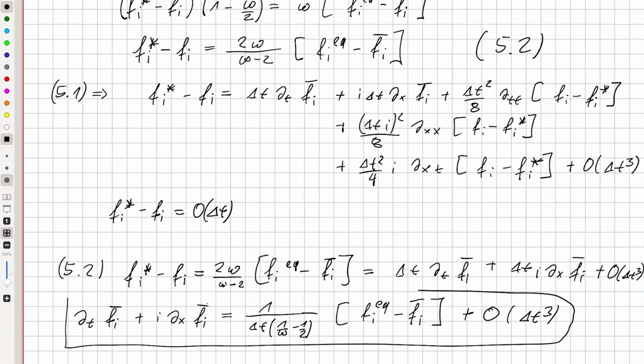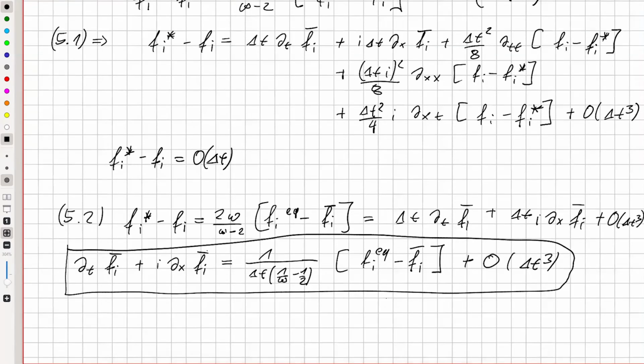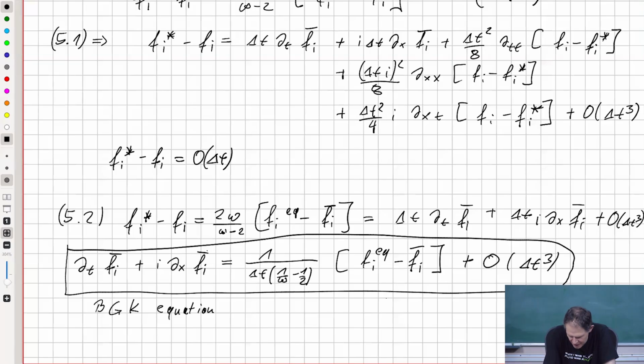Now this is the BGK equation that we are solving, and there are two things of note here.